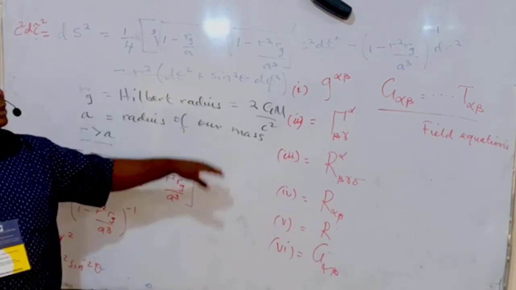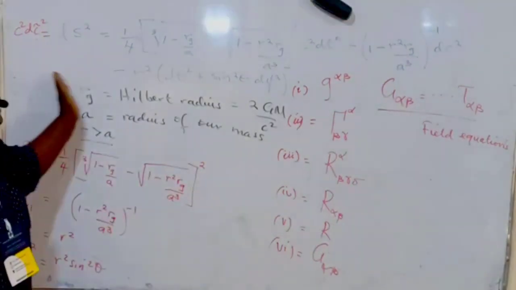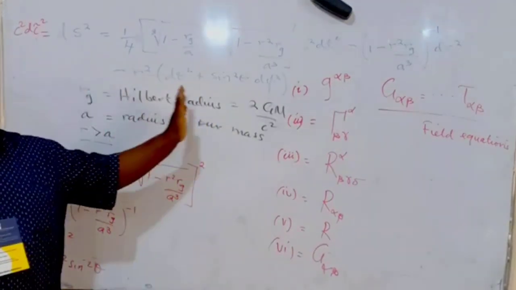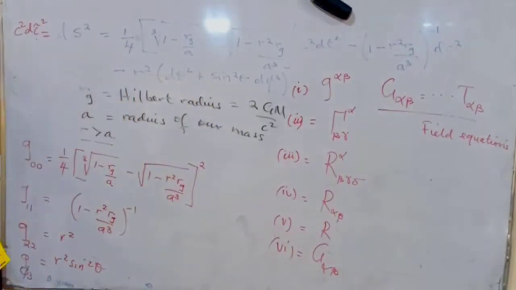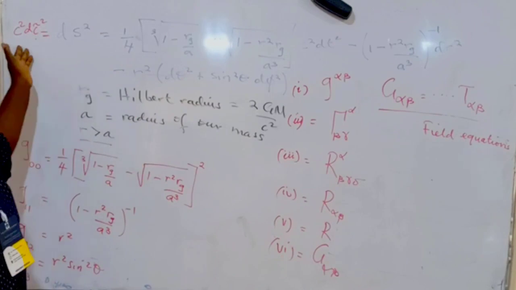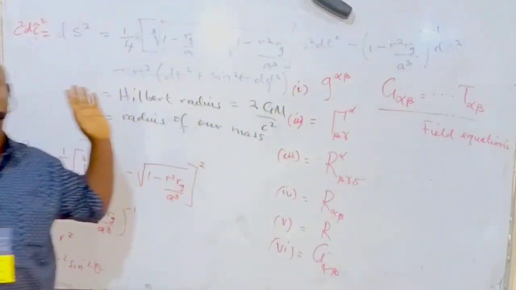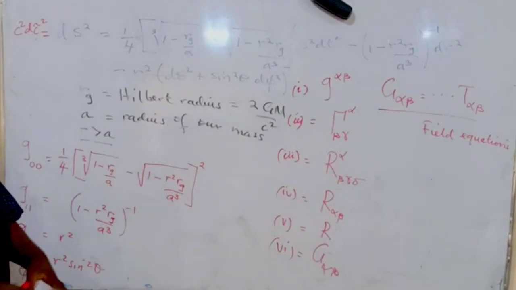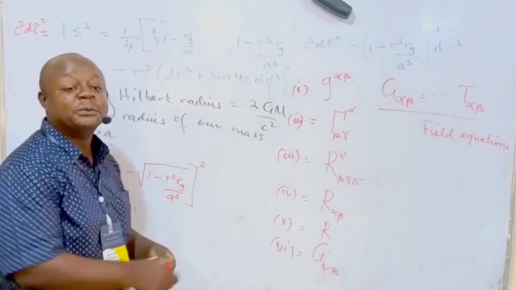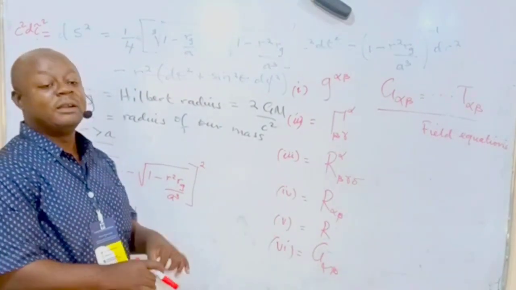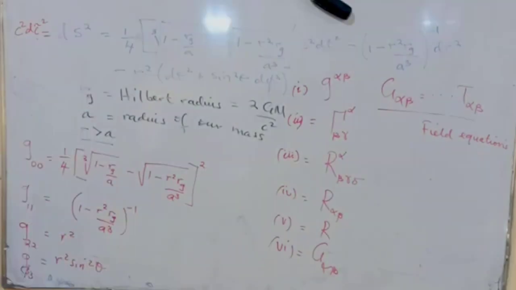You start with the line element, and so on and so forth. Okay? Maybe you divide all through by tau squared, you have t dot, you have all of that. And then at the end of the day, you now have an equation in terms of u. Okay? You have a planetary equation in terms of u.